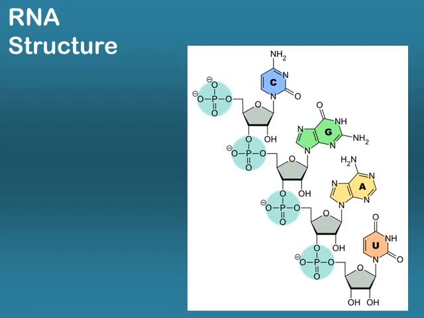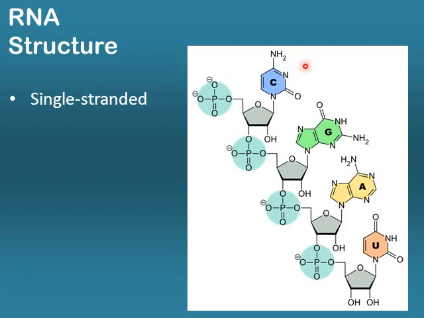Okay, RNA, the other kind of nucleic acid, remember this is ribonucleic acid, is much the same as DNA with a few important differences. First, notice you have the phosphate group, 5-carbon sugar, and the nitrogen-containing base, making up the one single nucleotide monomer that repeats over and over again. However, RNA is only a single strand.